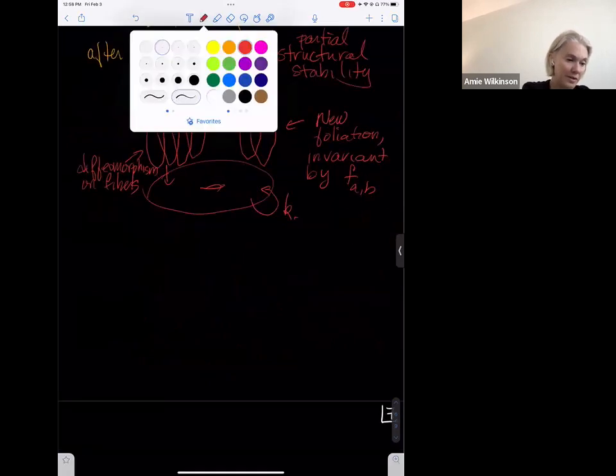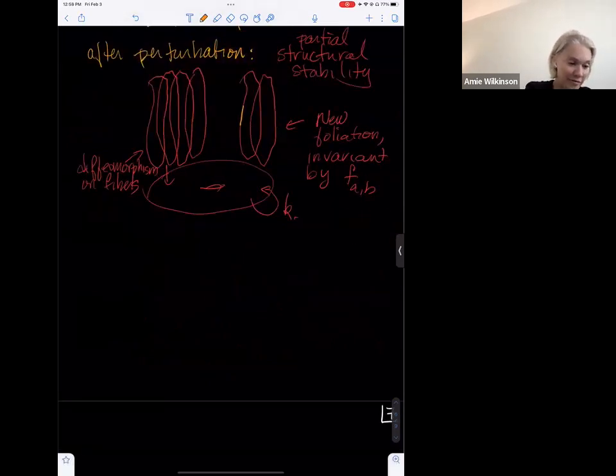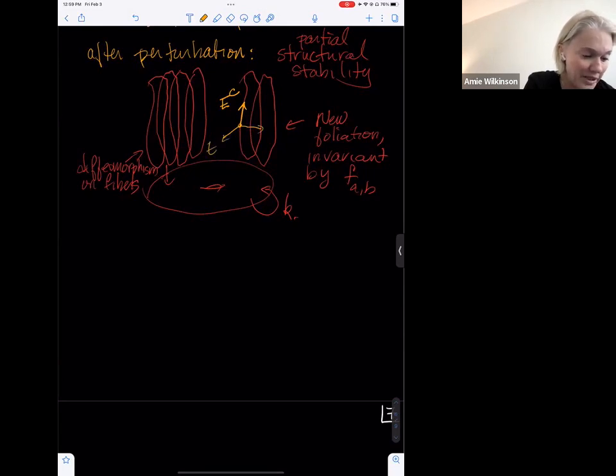And I continue to have EC, but EC is now actually tangent to these fibers. And I have an EU and an ES, just like I did before. So this is a partially hyperbolic system.